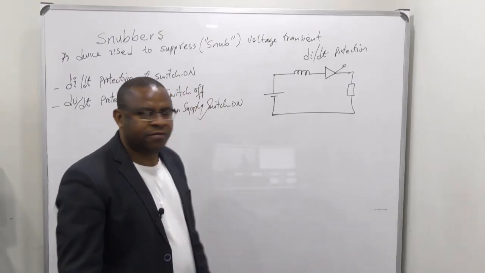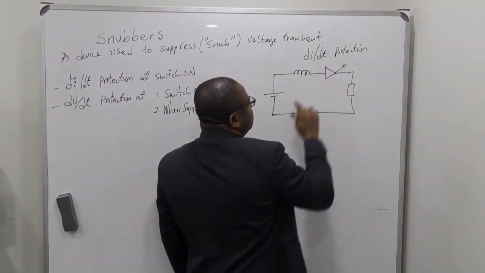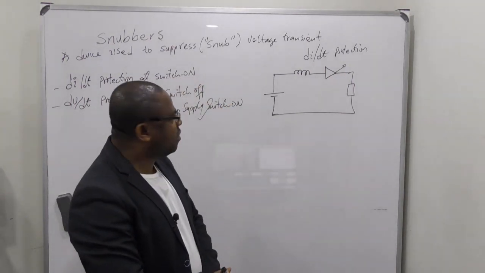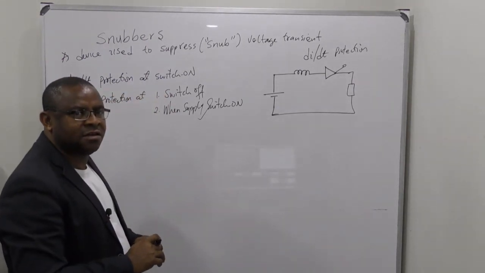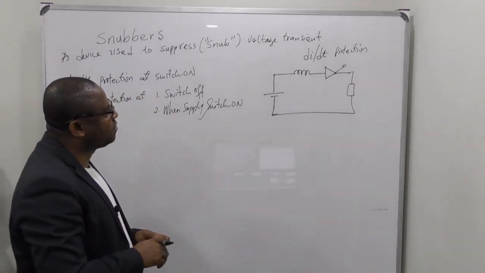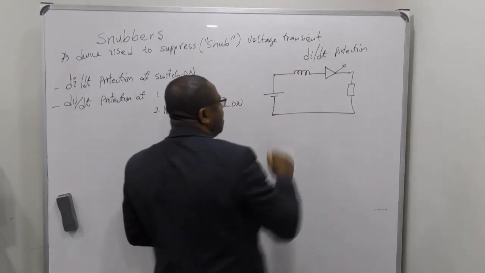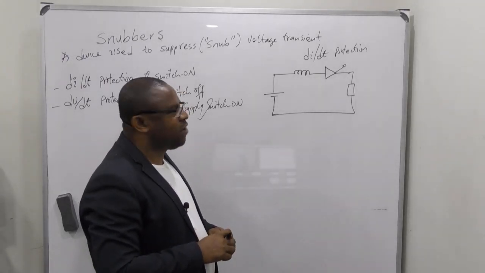Now we have this switch. We need to protect this switch from the di/dt, the rate of change of current with time. We need to suppress the transient of the current, and for us to do that, we put an inductor. Remember that an inductor opposes sudden change in current.